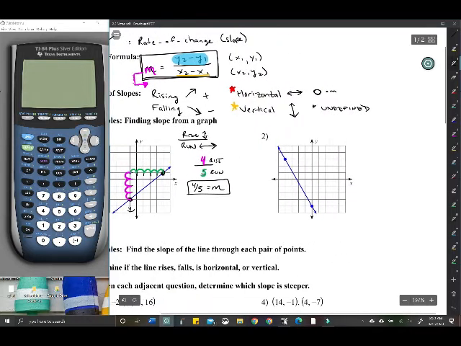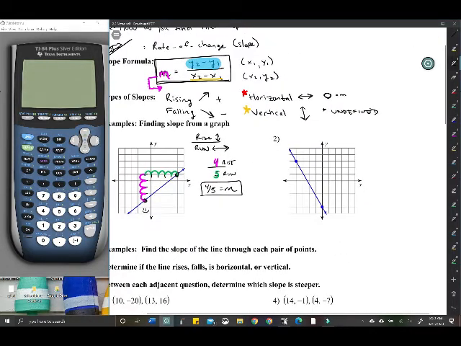I'll also show you can use the formula if you're not positive. So we can certainly use our little rise over run trick here. We are looking at this first point. Now we're going down 1, 2, 3, 4, 5, 6, 7.